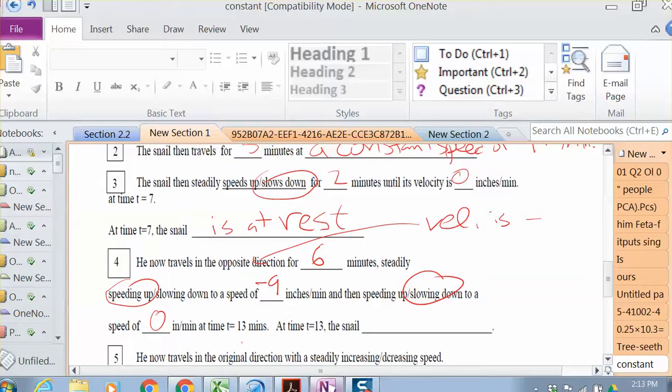Right. Actually, you are correct. Yes, you're correct. It is 9, because speed has to be positive. It's a positive value. So at time t equals 13, the snail is at rest again. So that's that path.